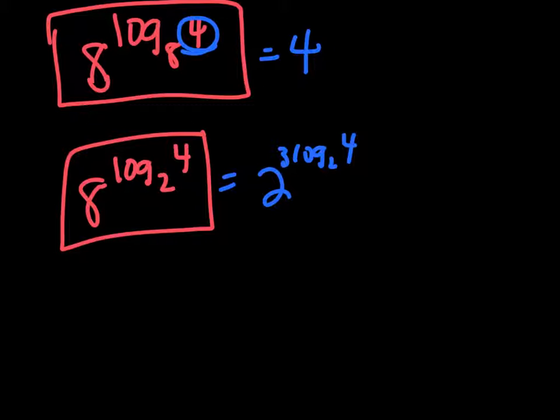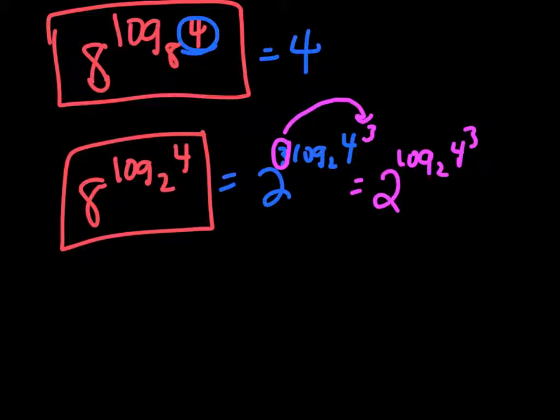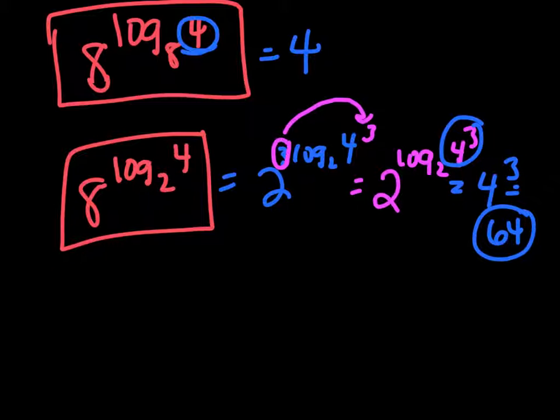And if you remember your properties from Algebra 2, which I'm getting ahead of myself, you can move that up here, and that gives me 2 to the log base 2 of 4 cubed. And once these two bases are the same, my answer is 4 cubed, which is 64. But we'll do more on these properties next time.